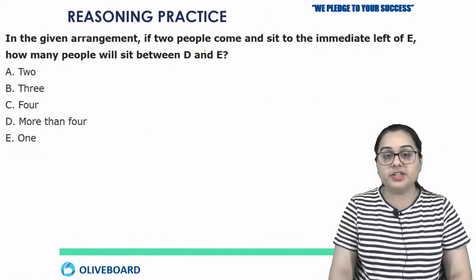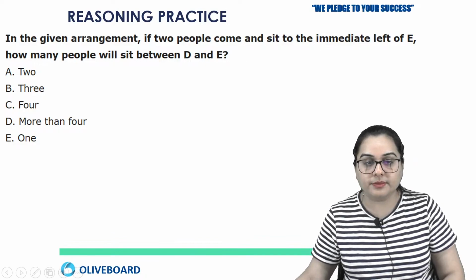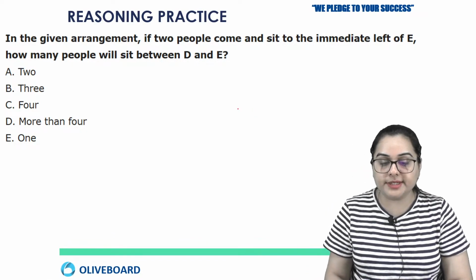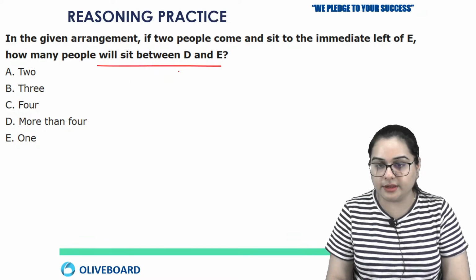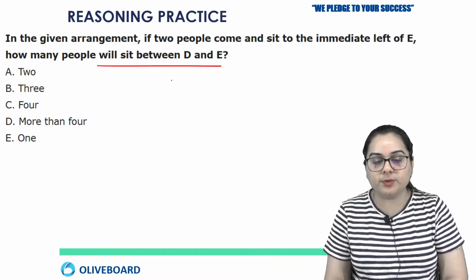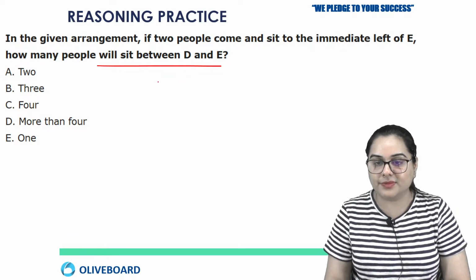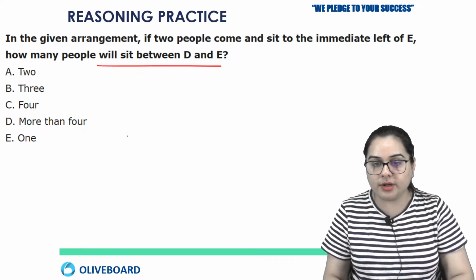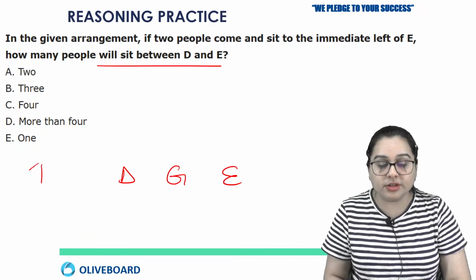Now in the given arrangement, if two people come and sit to the immediate left of E, how many people will sit between D and E? This is your question. Already in the second row you have D, then G and E, and this is a north facing row.